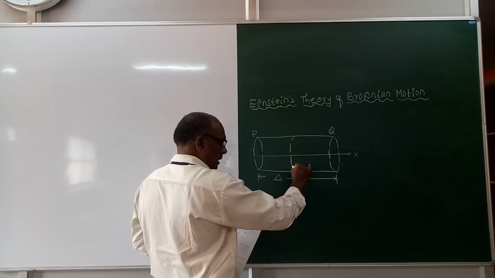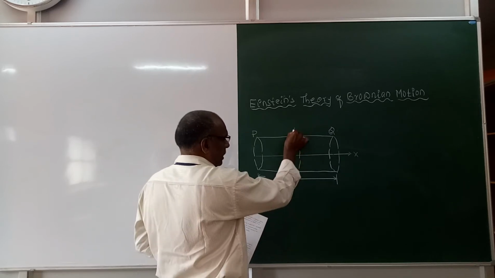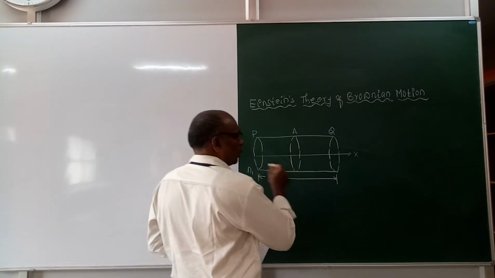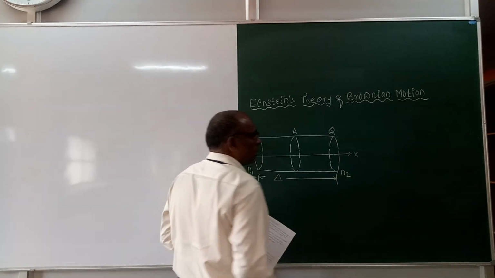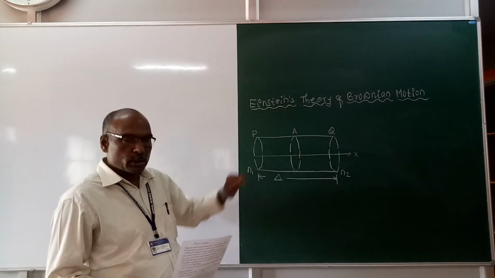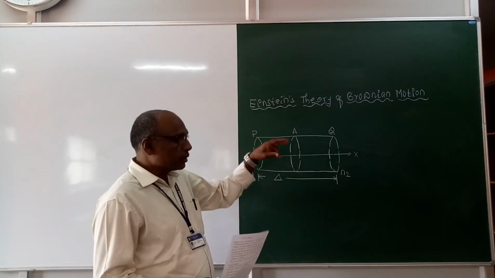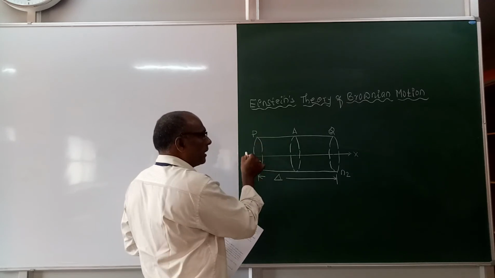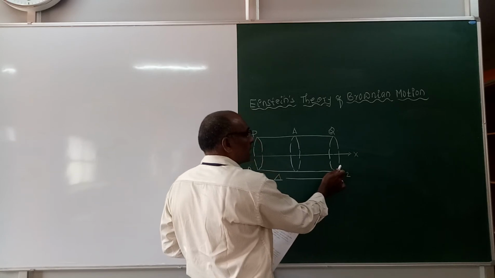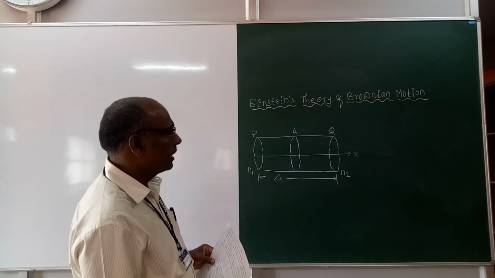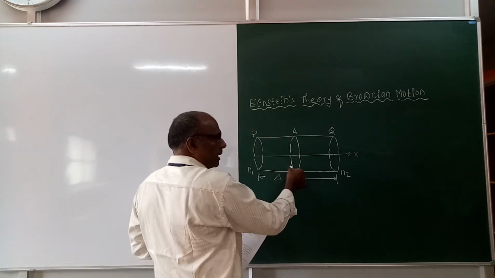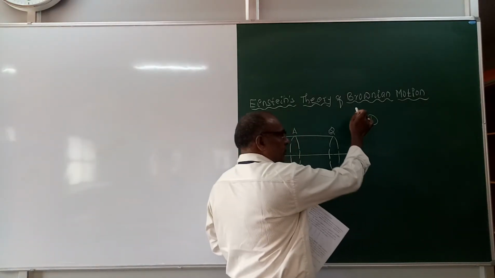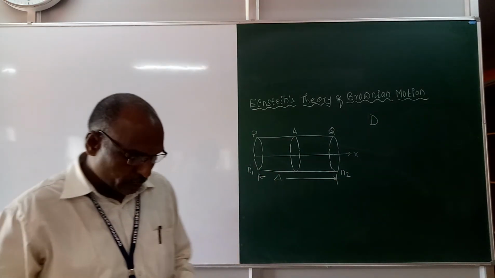Its cross-sectional area is A. N1 is the concentration of suspended particles at the end P, N2 is the concentration at the other end Q, A is the cross-sectional area of this imaginary cylinder, and D is the coefficient of diffusion.